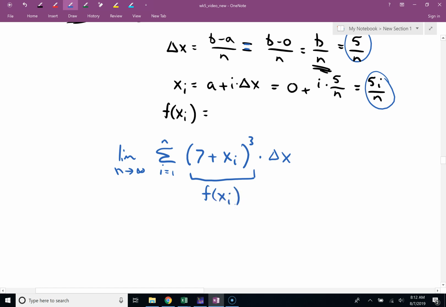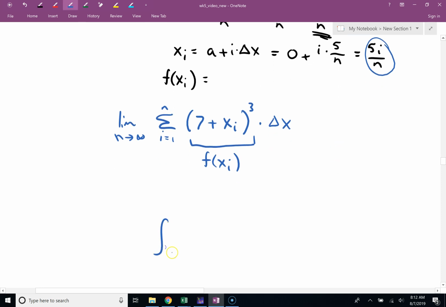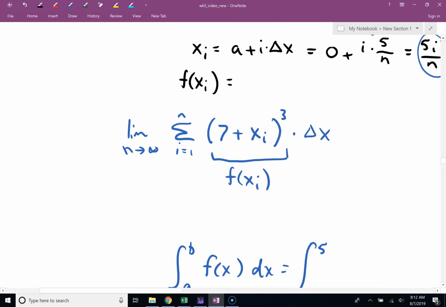And remember, if I want to express this as a definite integral, I need a few things. My definite integral goes from a to b, and then I have an f of x dx. Well, right now I know that a is 0 and b is 5, but I need to know what f of x is. So in this case, I have my f of x sub i, and if I want f of x, then everywhere I see an x sub i, I just go ahead and put x.